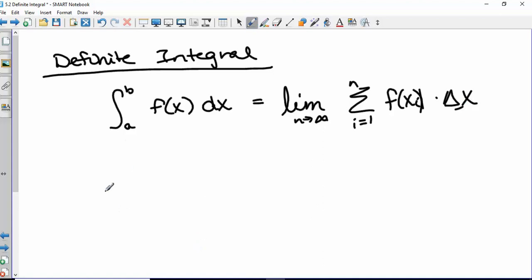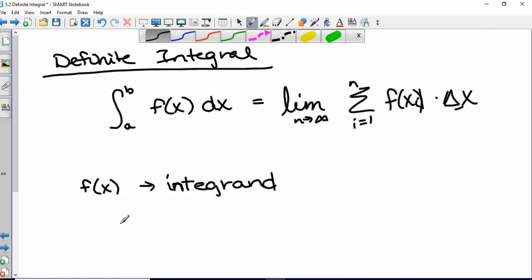In this notation, f of x is what's called the integrand. It's the thing we are doing the integral of. A and B are the limits.